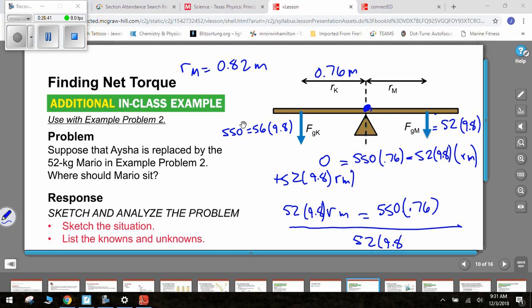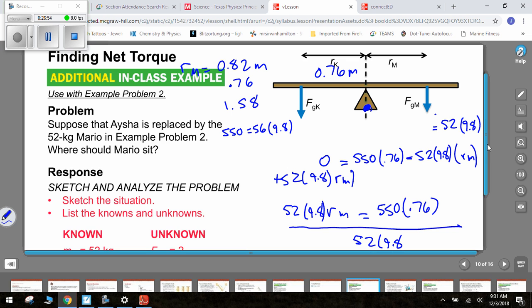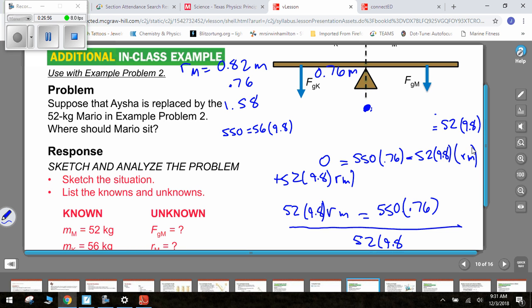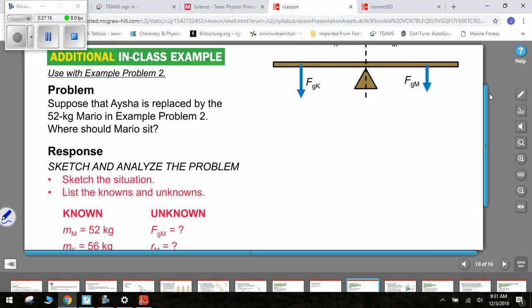So 0.82 plus 0.76 is 1.58. Is that less than the length of the beam? Oh, man. It still balances. Good. So, for instance, if this had been like 1.2 and 0.76 was the other side, they wouldn't still be on the beam, would they? So it wouldn't have worked. Okay? So those are just some things to think about, and you can check.